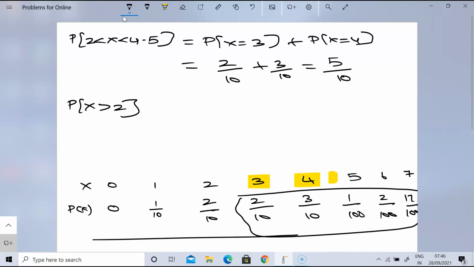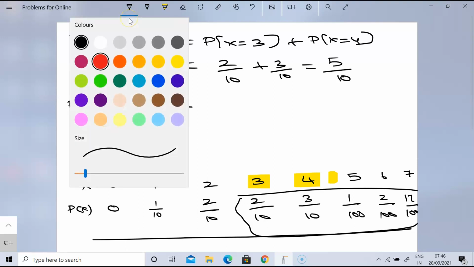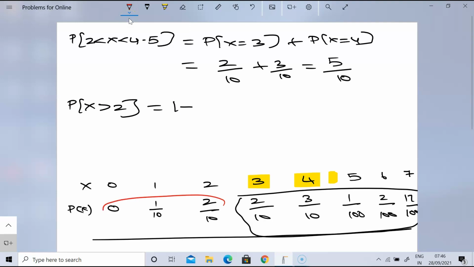When I add fully, what is the total value? 1. So I'm using that complementary event: 1 minus this value, because total is 1. When I cut this part, I will get the rest half. So this is what I am writing.